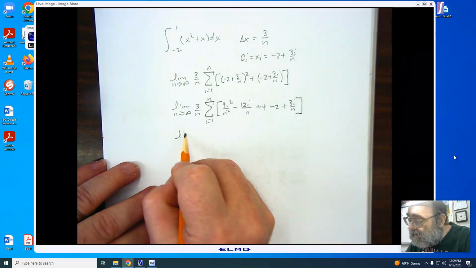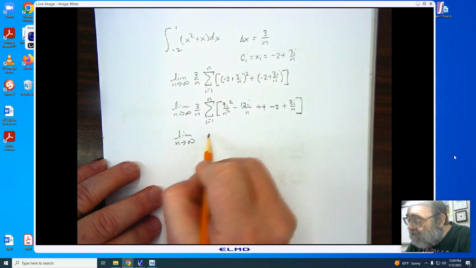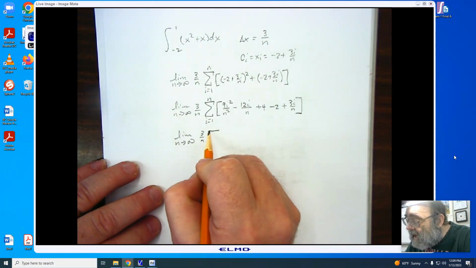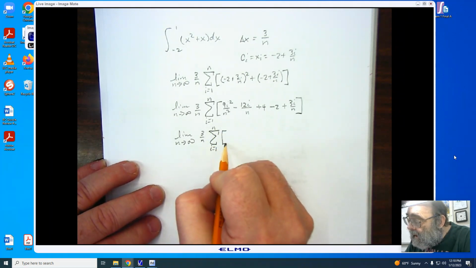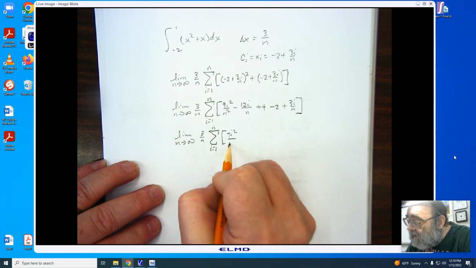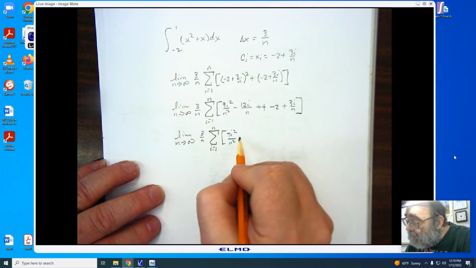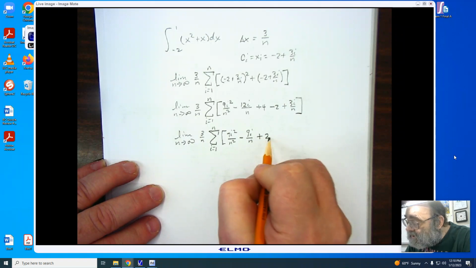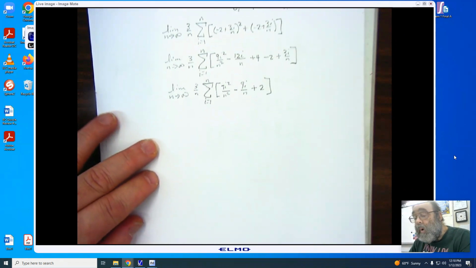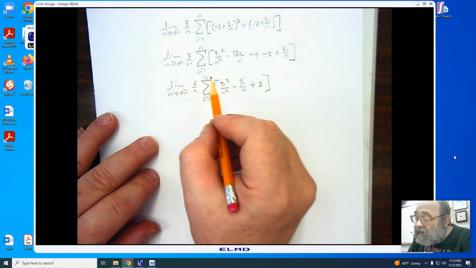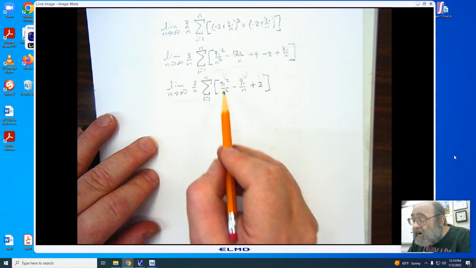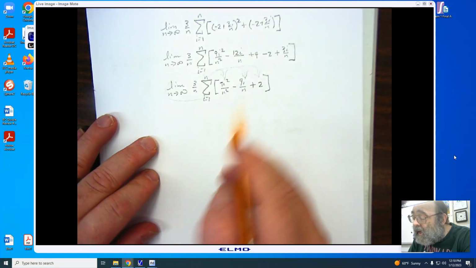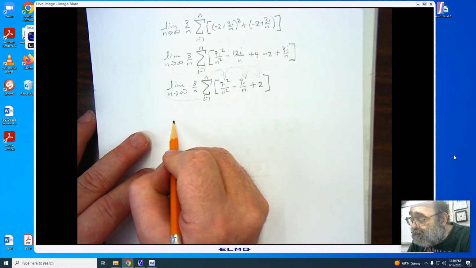So we have the limit as n is approaching infinity of 3 over n times the summation as i goes from 1 to n. And I have 9i squared over n squared minus 9i over n plus 2. We're now going to distribute this piece to each term, and as I do, I'm going to pull out the 9 over n squared and the 9 over n. Here we go.